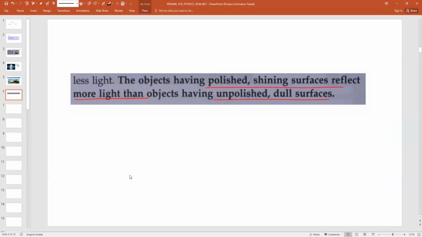What material are they made of? They're made of metals, stainless steel. Some items will be brass, sometimes aluminum, but generally in our houses it is stainless steel, right?